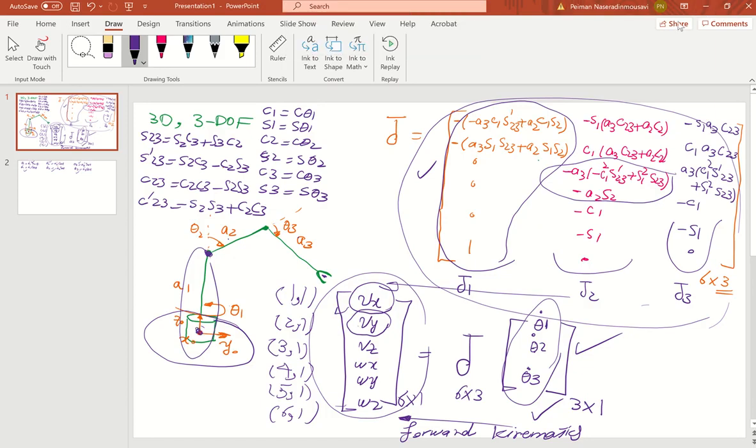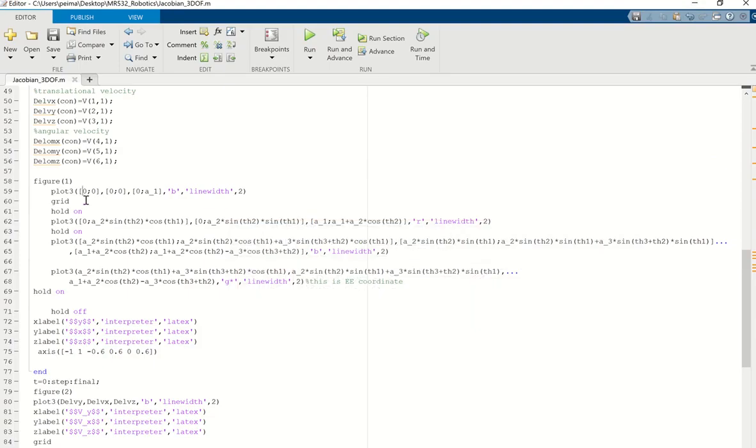Okay, so you see that x of this point, guys, and the x of this point here is how much? Is 0, because x is out of the page with respect to the base coordinate system. That's right. So you see that. Look at here, 0 and 0.